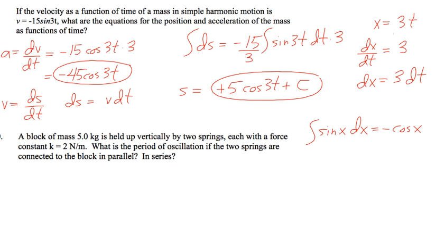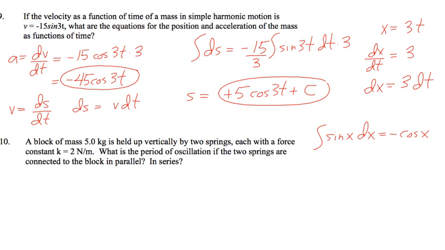This is our acceleration equation in terms of time, and this is our position equation in terms of time. Knowing this, I can tell you the maximum position and the maximum acceleration. The acceleration maxes out when cosine is 1, and I get negative 45, so the maximum acceleration is negative 45 meters per second squared.